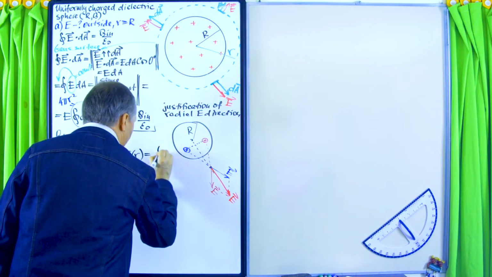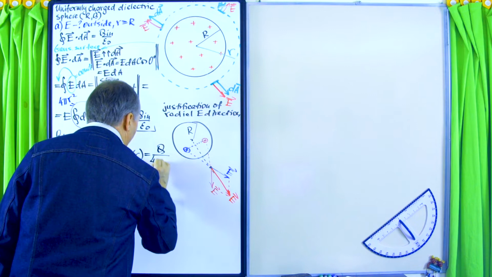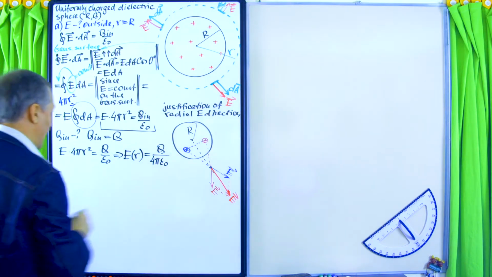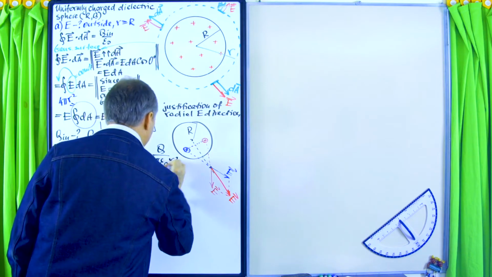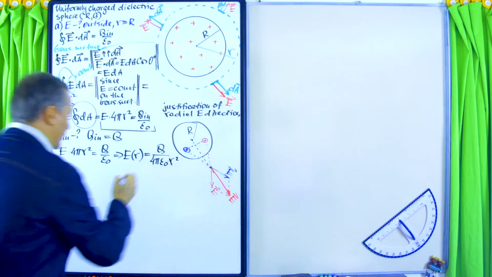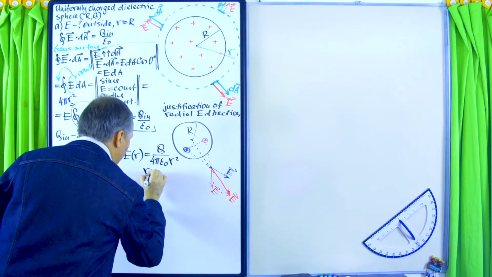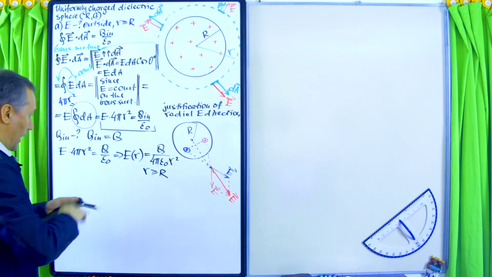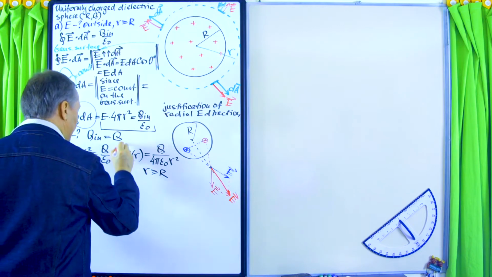E as a function of r will be Q over 4 pi epsilon naught r squared. And of course that is for r small greater than or equal to r capital. That's for the outside. So let's frame it.